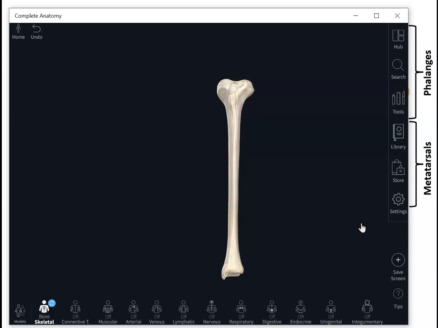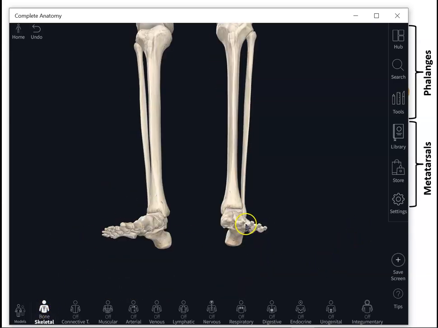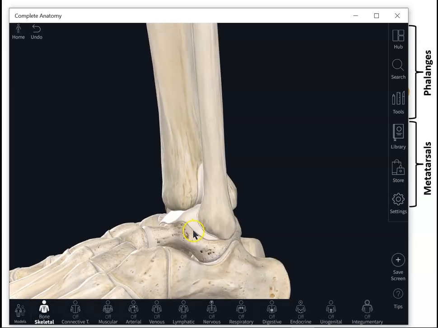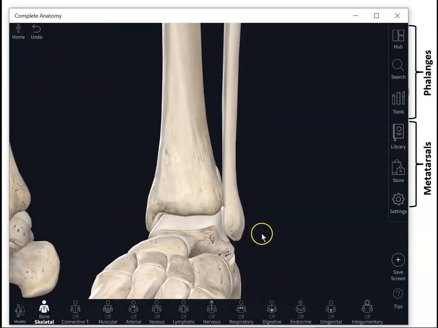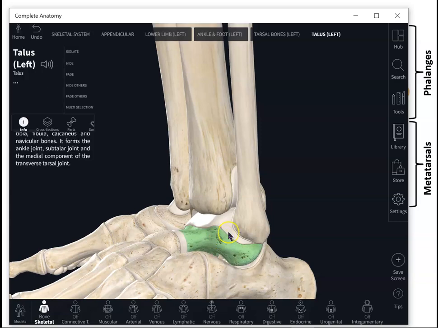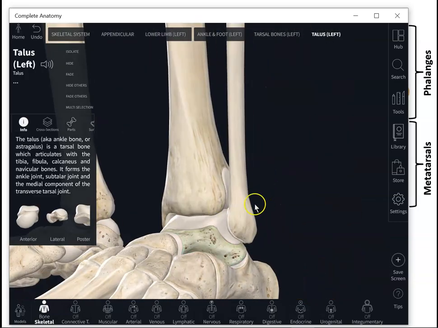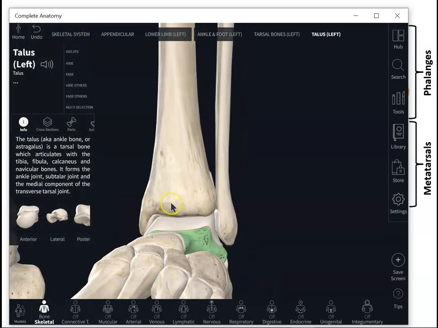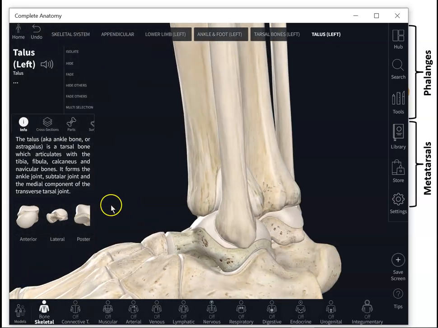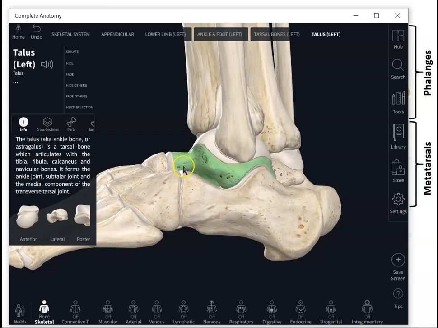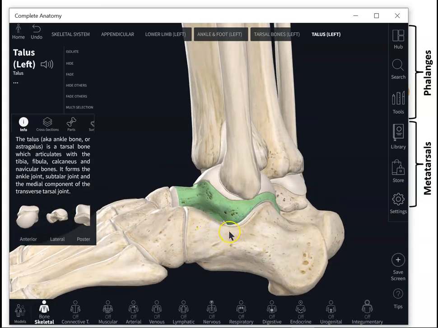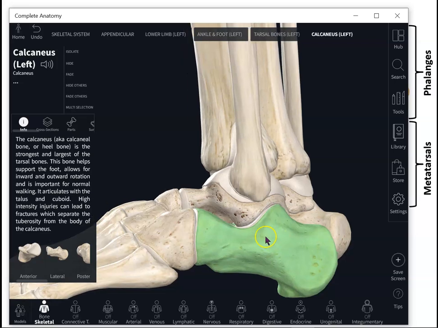So the way the foot works, this bone, the talus bone, has a smooth surface like this that fits the inferior surface of the tibia, and it's going to put weight onto this big calcaneus bone.